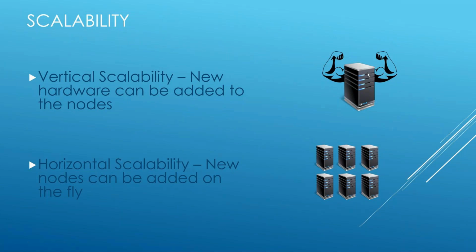Vertical scalability means in these nodes we can easily add new hardware. And if we want to increase the processing power as well as the storage, we can add another node here. That is called horizontal scalability.